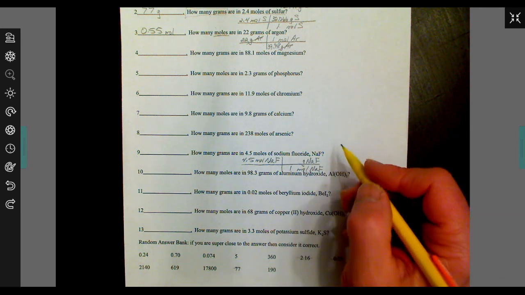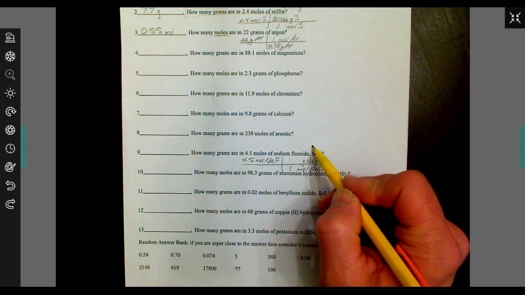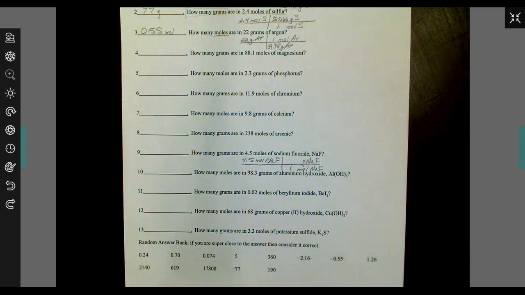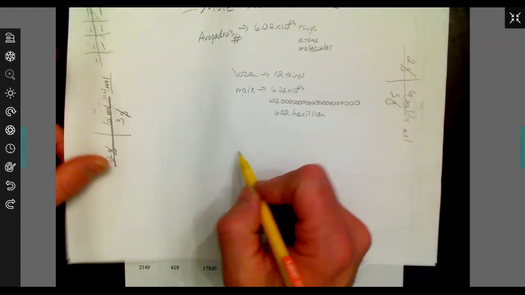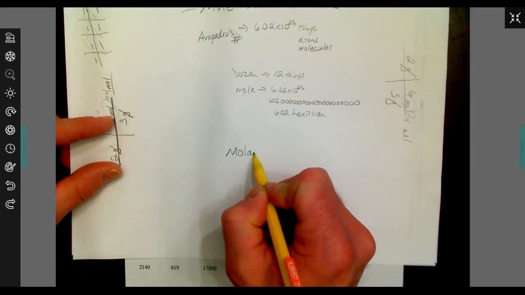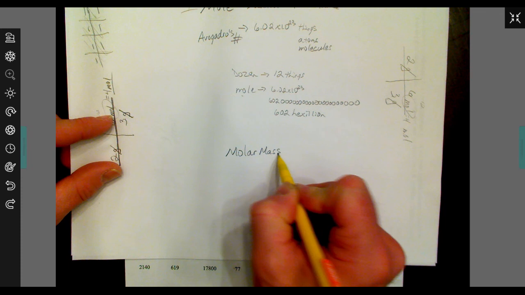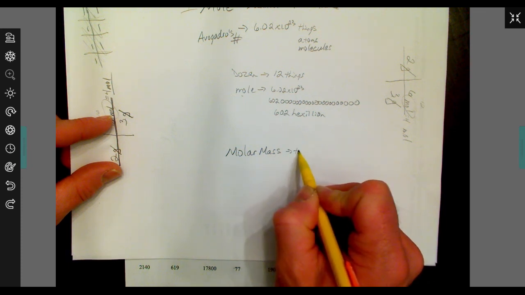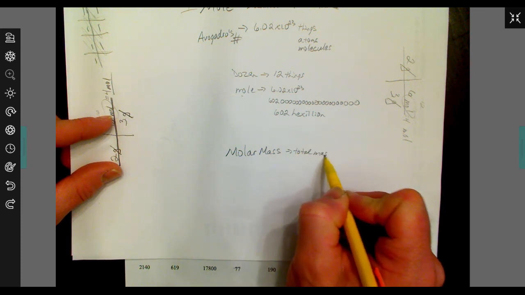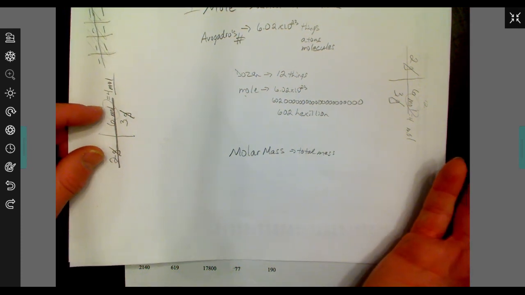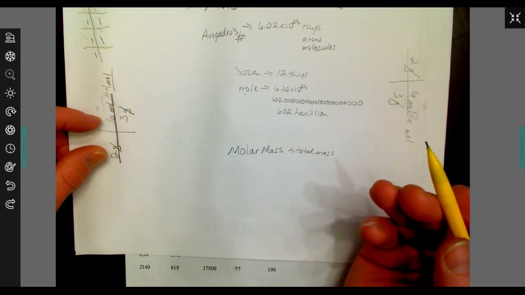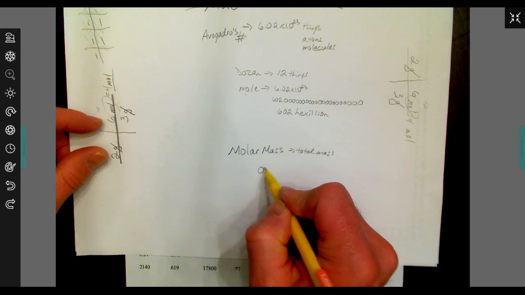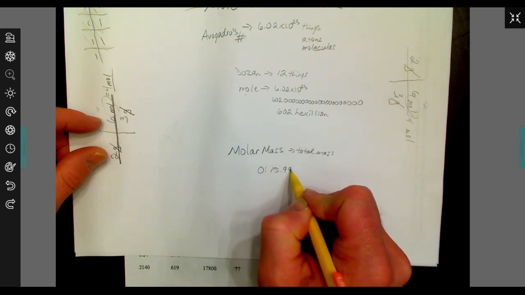So now we're getting more to this specific term called molar mass. It's a term we use when we just want to find the total mass of the whole compound. We could really say molar mass of one element. What is the molar mass of oxygen? Well, it'll be 15.999.